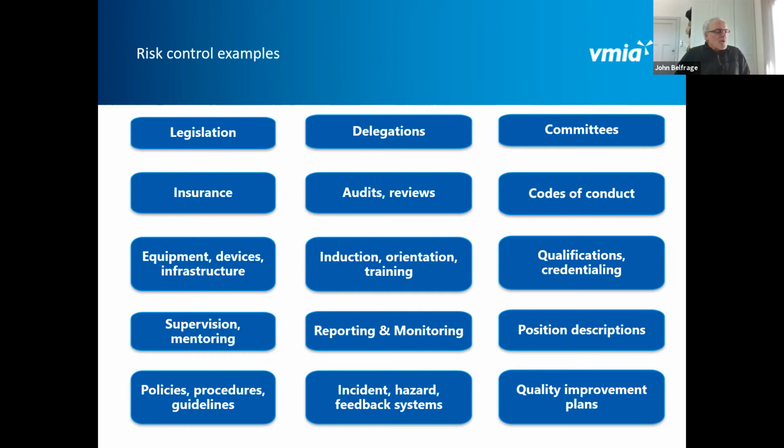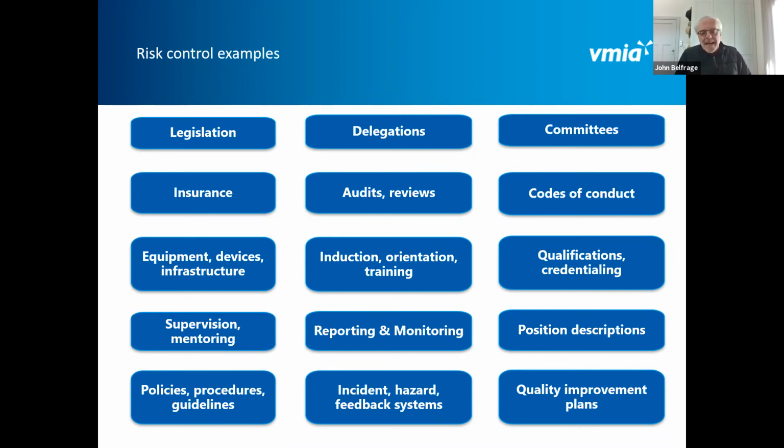So controls, obviously, going back to Kat's bow tie, controls influence how the risk is rated. The more controls, the stronger the controls, the more efficacious they are, the lower the risk rating. And so understanding the control is an essential part of your risk assessment. And we would advocate that every control, so every one of these blue boxes in the slide in front of you, has what we would call a control owner.